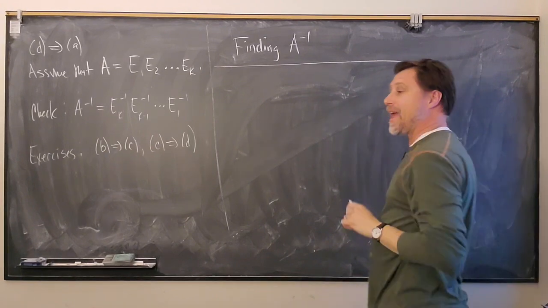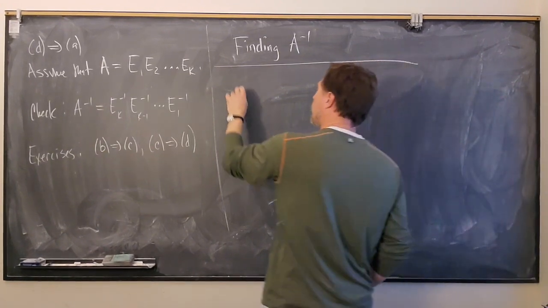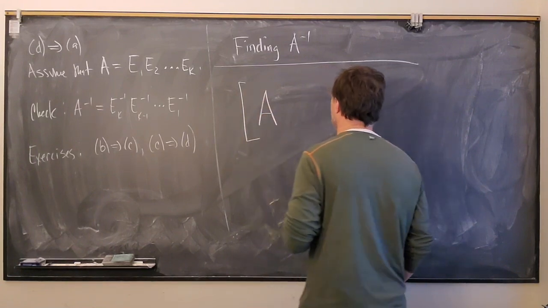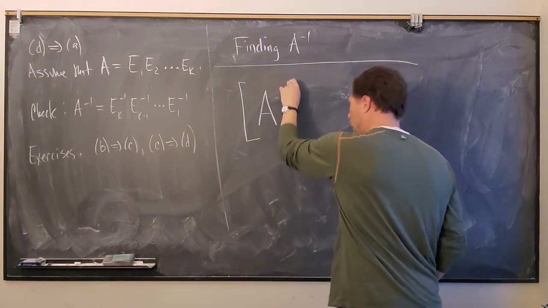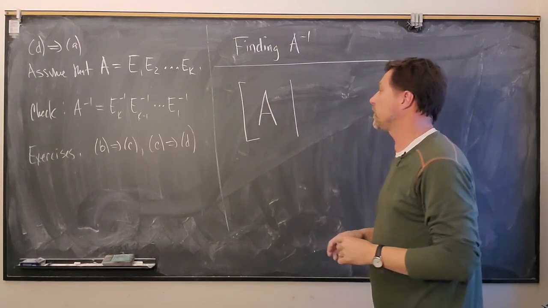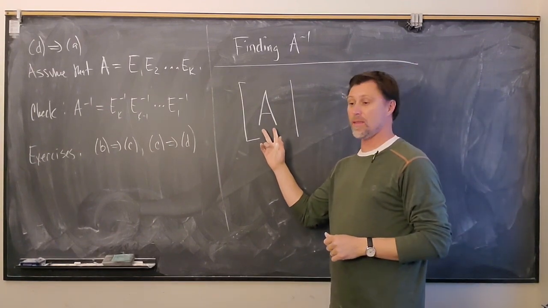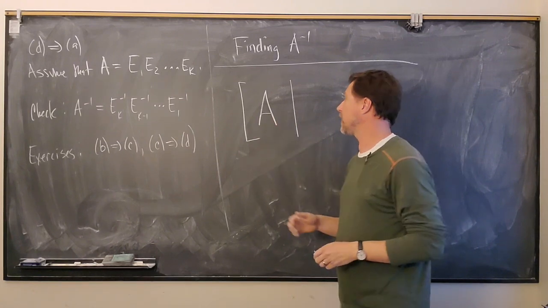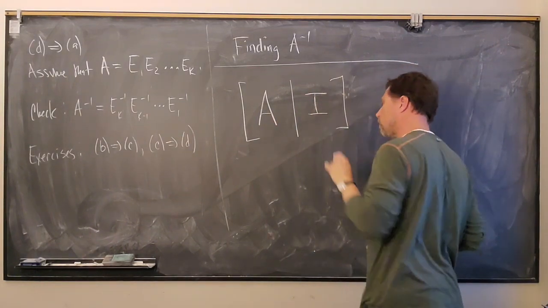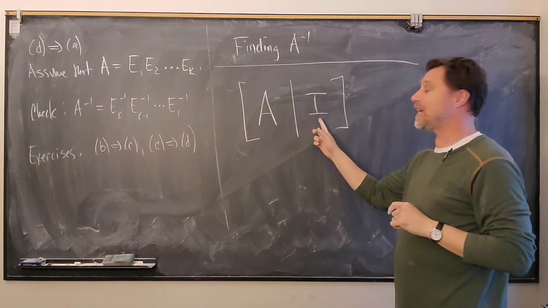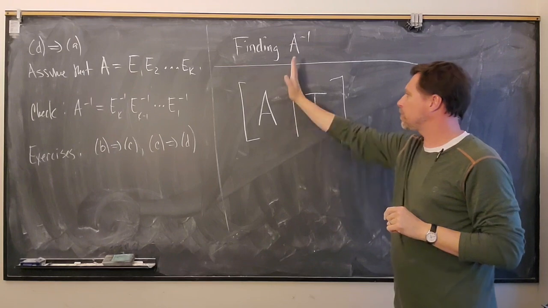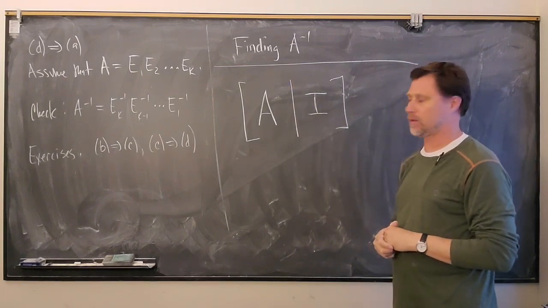So we've got an n by n matrix, and the algorithm for doing this goes like this. I'm going to write down a matrix, augmented matrix if you like, putting capital A, the n by n matrix, on the left-hand side. I want to put the identity matrix, the n by n identity matrix, on the right-hand side, and put a slash in between as a dividing line.